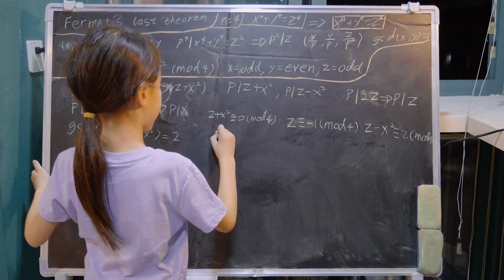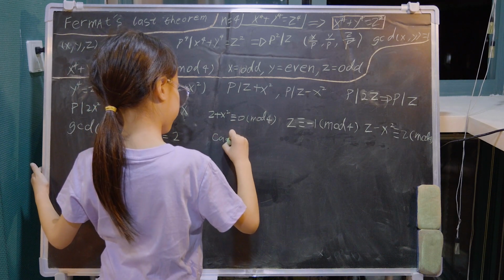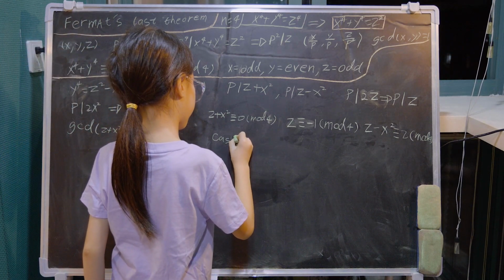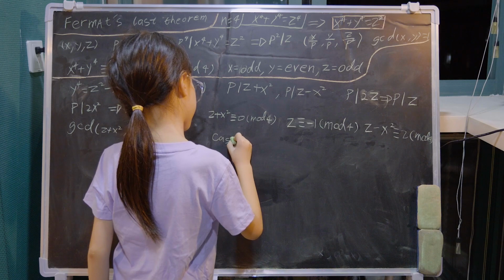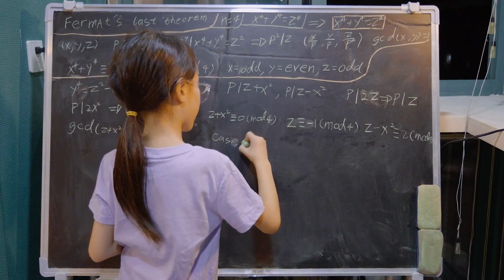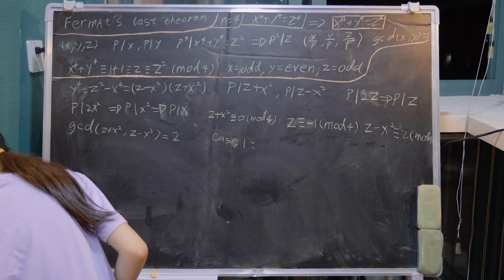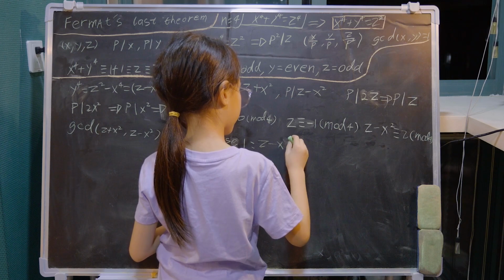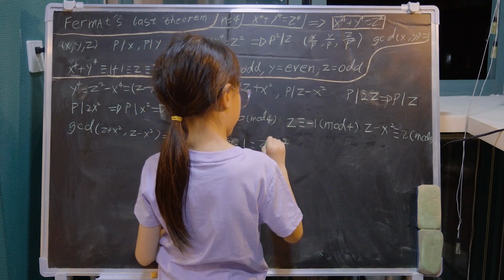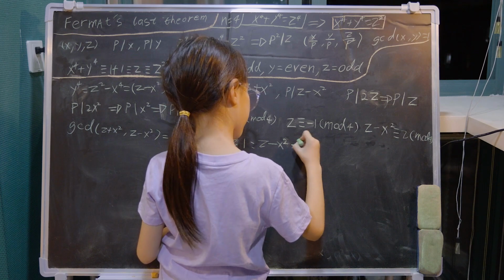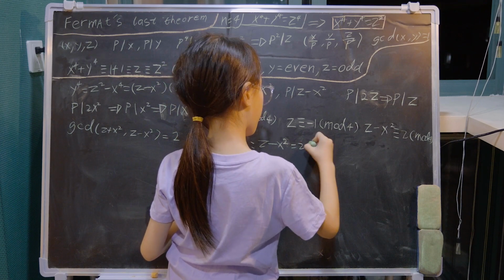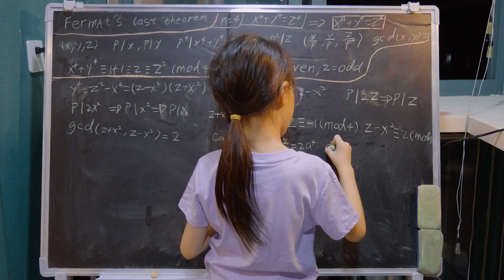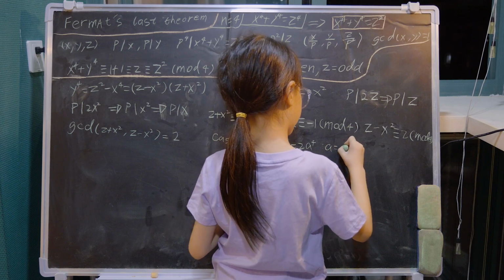So now we have two cases. Case one is z minus x to the 2 is equal to 2a to the 4, and a needs to be odd.